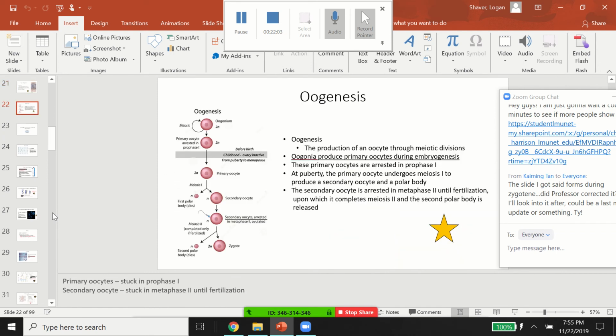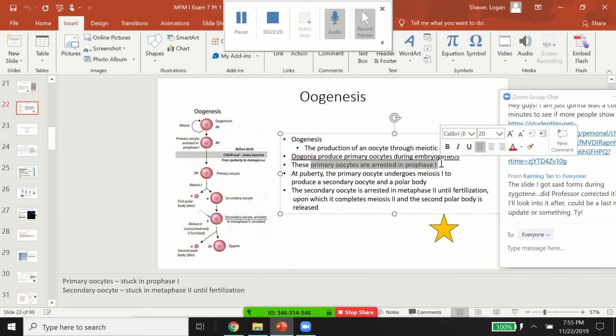Anyway, oogenesis. Basically the same sort of thing you'd have to know with the last one, except of course this is the female side of things. Once again, know what's in what part. The difference between males and females is that certain cells are arrested at certain phases.